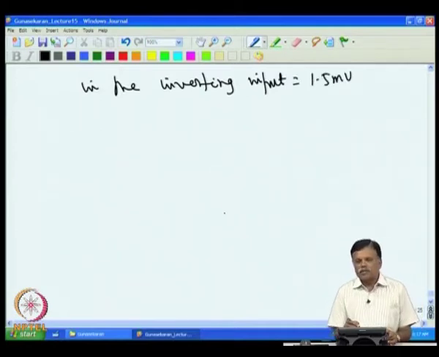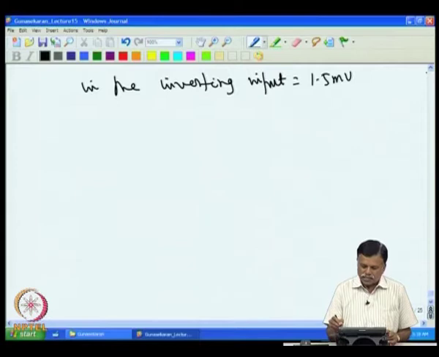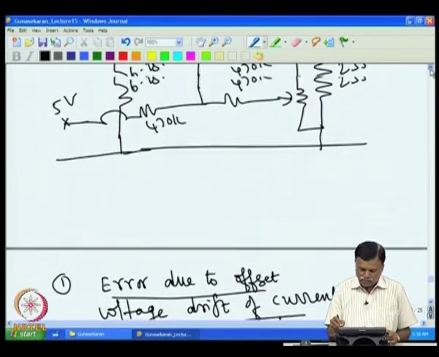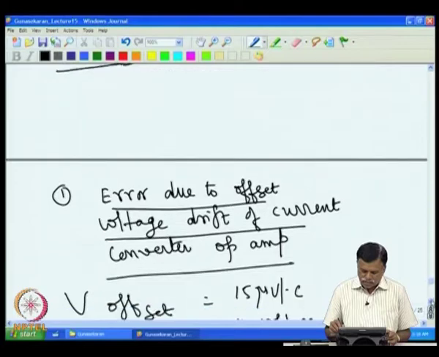If the 1.5 millivolt change is required, then the expected change at the output resistor, this resistor, I think we have named it, that is 235 ohms, I call it R0. So, expected change across R0.